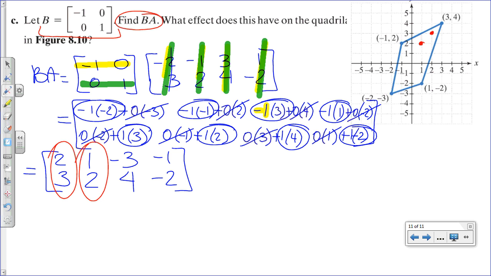Third point is negative 3. Okay. I made a little mistake. And that is, I forgot to write a negative here. But that is easy to correct.